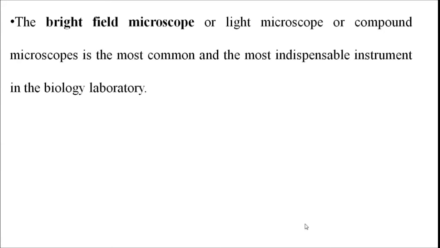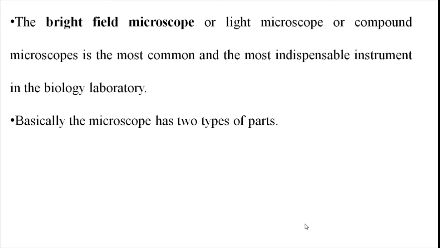The bright field microscope, which is also known as the light microscope or the compound microscope, is the most common and most indispensable instrument used in the biology laboratory. Basically, the parts of the microscope are divided into two types.